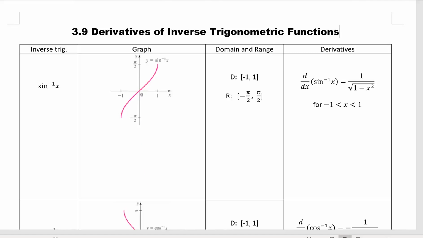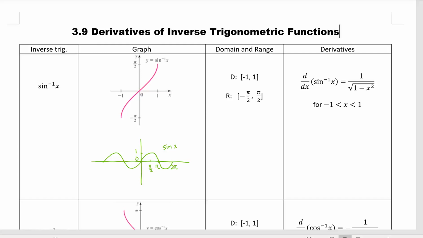Let's draw it here. Sine x passes through 0, and it looks like that, right? This is 0, this is pi, this is 2 pi, so it's 2 pi periodic. And at pi over 2 it is 1, so this is the graph of sine x.